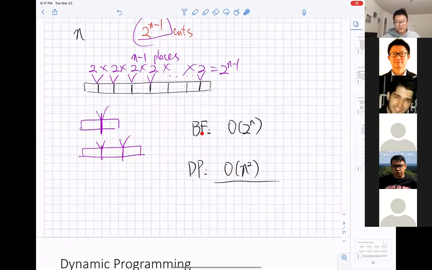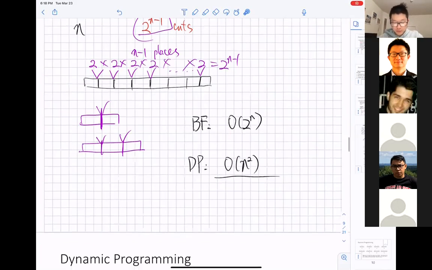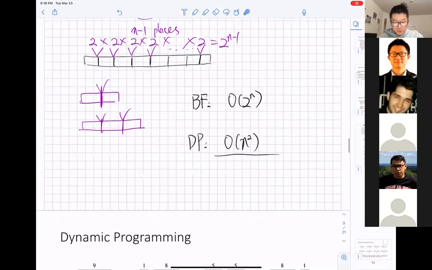So the magic of dynamic programming is here. For this problem, if we follow the brute force way, it will be mission impossible for us with O of 2 to the power of n complexity. And if we use dynamic programming, we will be able to get O of n squared complexity, which is a big step.